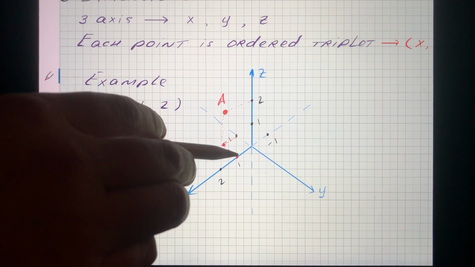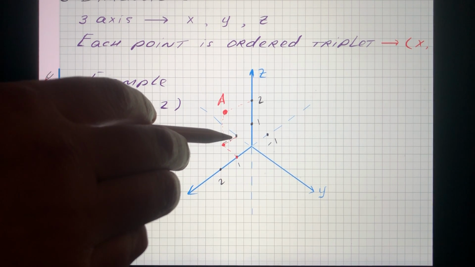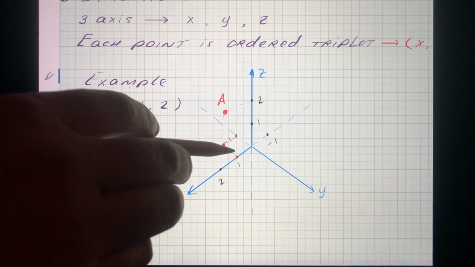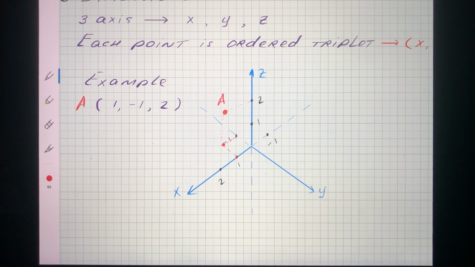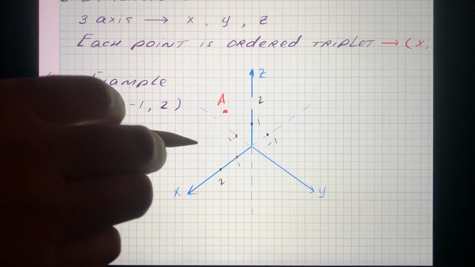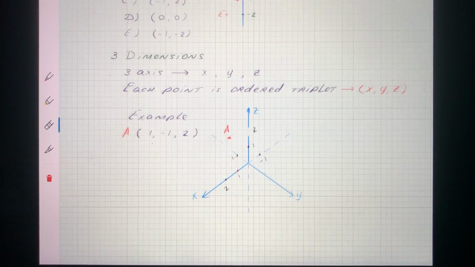And these dotted lines help to make it look a little bit more 3-dimensional than 2-dimensional. So this is what the final point would look like in 3 dimensions once we're done with the plots.